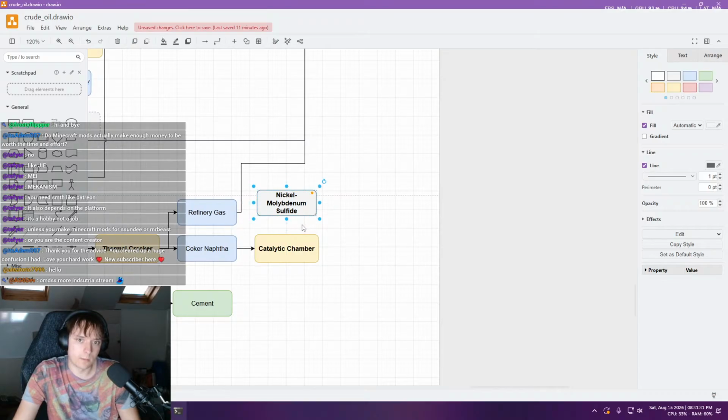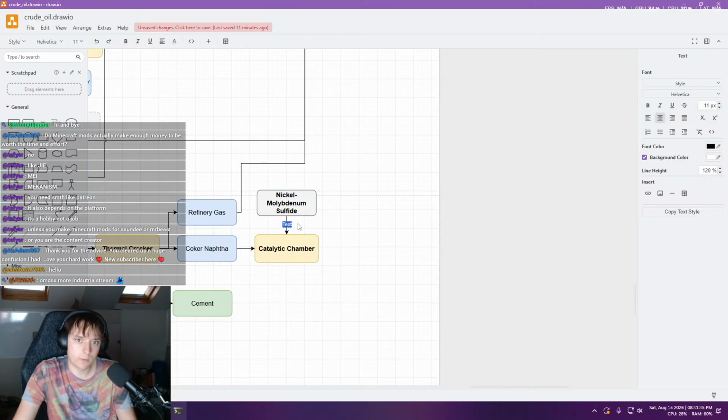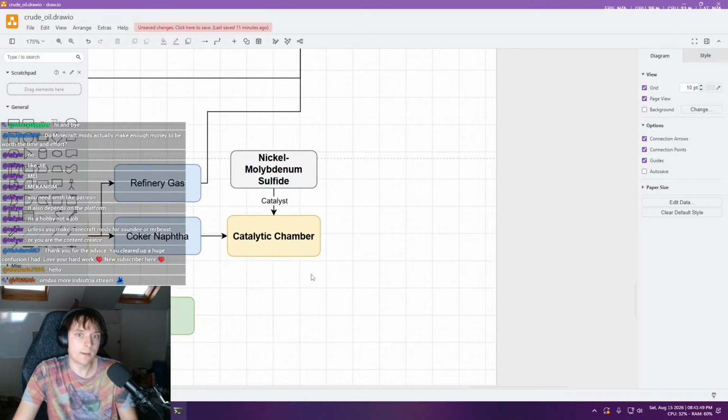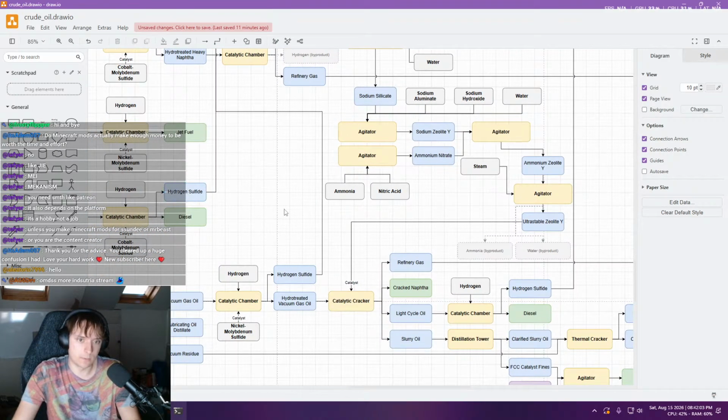That's the catalyst. So that goes in there, and that gets us cracked naphtha, basically. It is the easiest way to do this one.